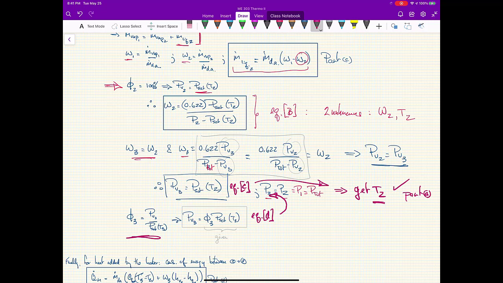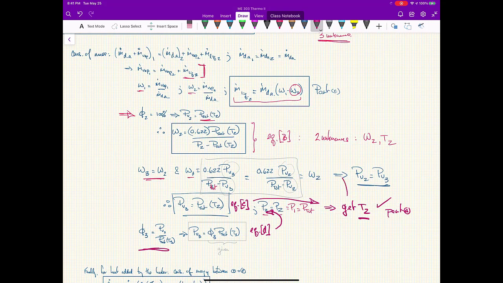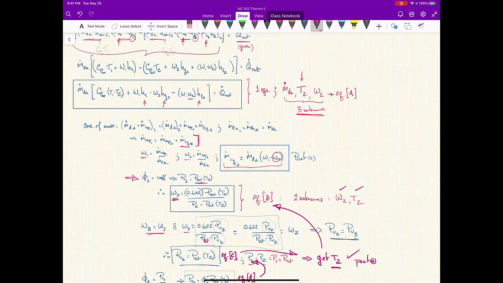And then if you want to get further, you could take this T2 and substitute it back into equation B, and you would therefore get the humidity ratio at state 2. So you have this guy and this guy. And finally, you could take the humidity ratio at state 2 and the temperature at state 2 and substitute that back into equation A and solve for the mass flow rate of dry air, which is now your last unknown.